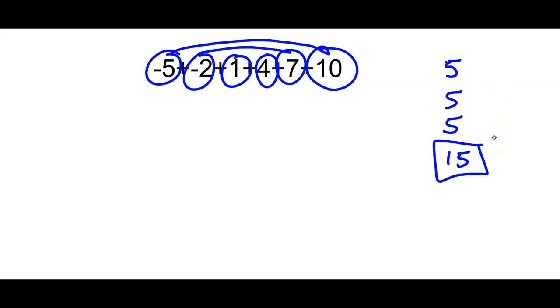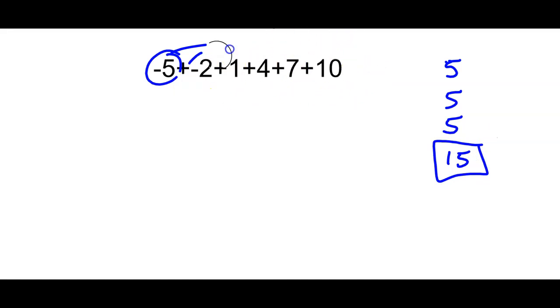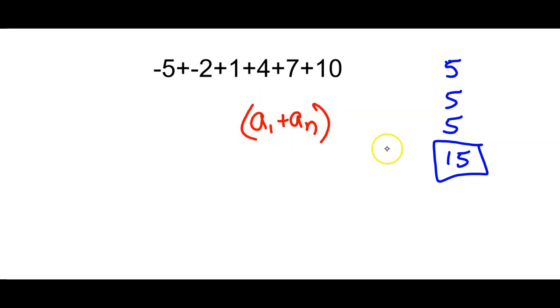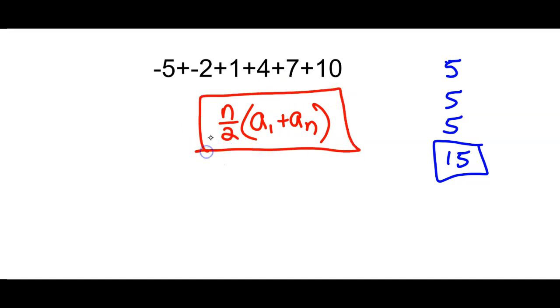But how can we make it easier? Sometimes there'll be more numbers than this, and we want an easier way to think about it. Basically, if you know it's an arithmetic series, you can say, take the first term plus the last term and add them up. And then however many terms you have, divide it by 2. So this is a more general formula than the other one that started with 1.